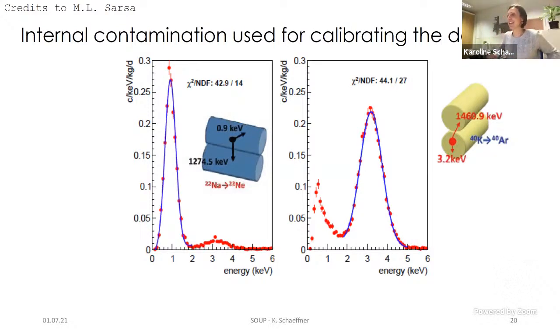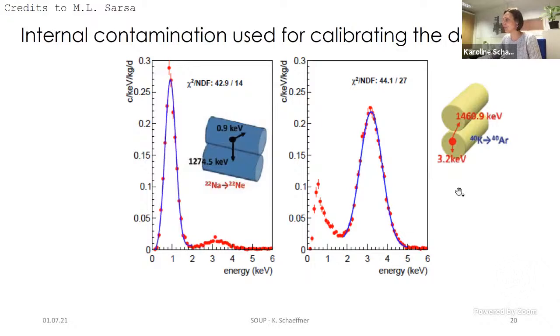So in the end, it turns out to be also quite a nice feature of this sodium-22 isotope, which undergoes electron capture, and you get a high energy gamma and this X-ray. If this happens in the crystal, on the surface, the gamma escapes, and you see here then the 900 eV, and this is some data fitted of their detector.